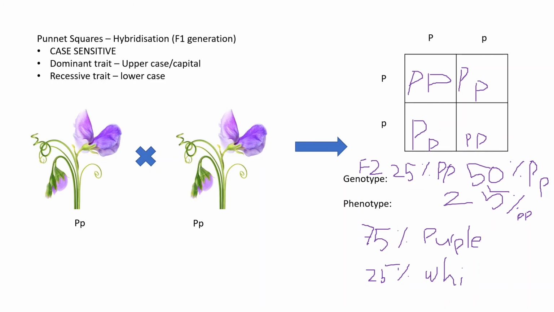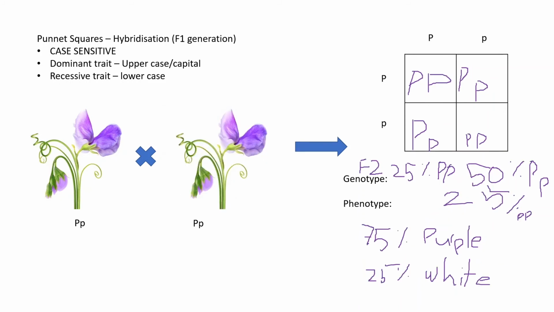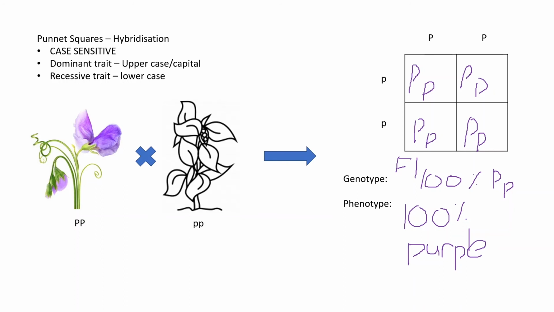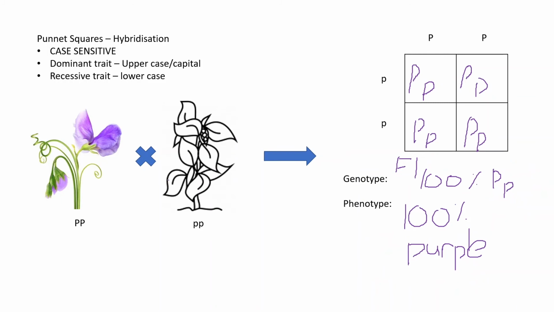Okay, so that means somewhere along the line from these original true breeding parents, the parents that haven't been cross-fertilized, somewhere along the line between the parents and the F2 generation, the recessive allele is being passed on, even though it's not necessarily being expressed through its phenotype.